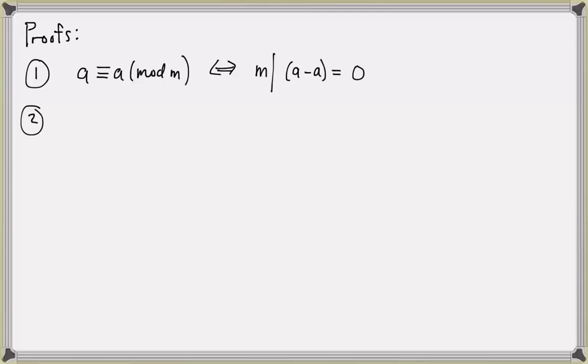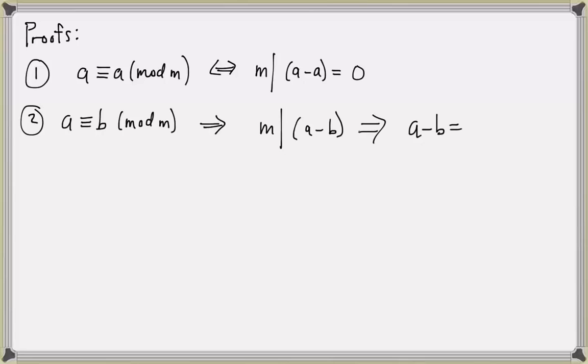2. Suppose that a is congruent to b mod m. So if a is congruent to b mod m, then by definition m divides a minus b, then I can write a minus b as an integer multiple of m. So a minus b equals mk for some integer k.